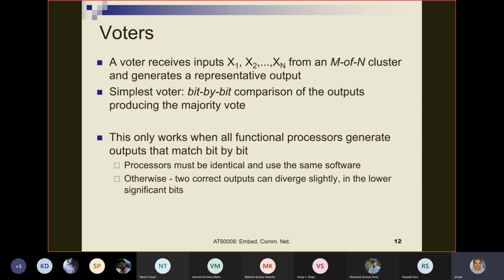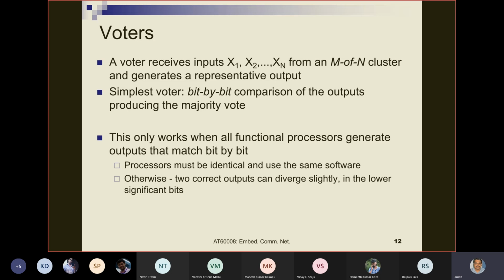Otherwise, even correct outputs from two components may slightly diverge, at least in the least significant bits. It could highly happen: the processors are producing the same output, but in the last few significant bits, the output is varying. Correct? It can happen.